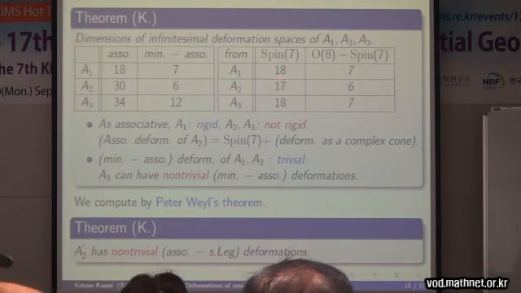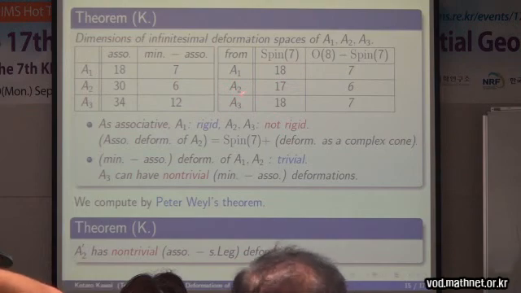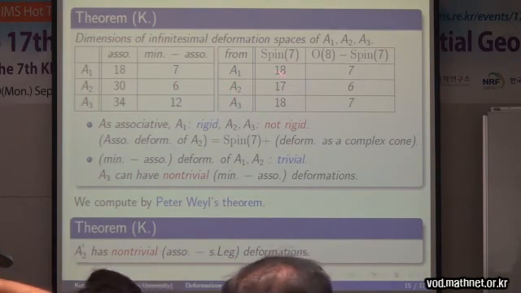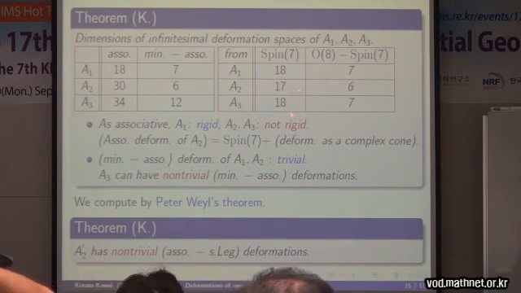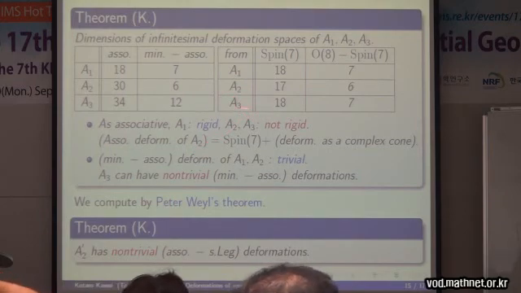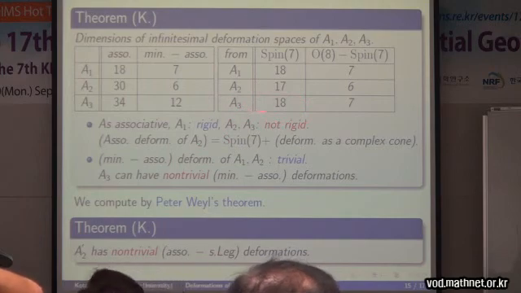And A2 is U2 invariant, so U2 is 4-dimensional, so we have 17-dimensional trivial deformations. And A3 is diffeomorphic to SU2, so we have 18-dimensional trivial deformations.